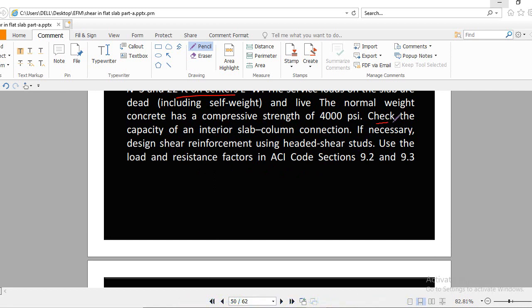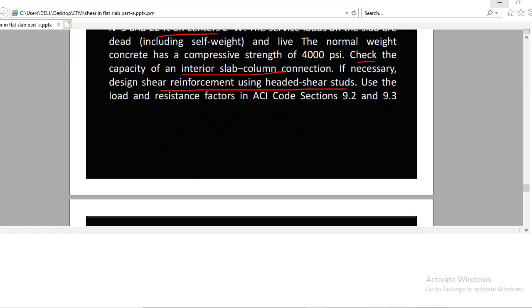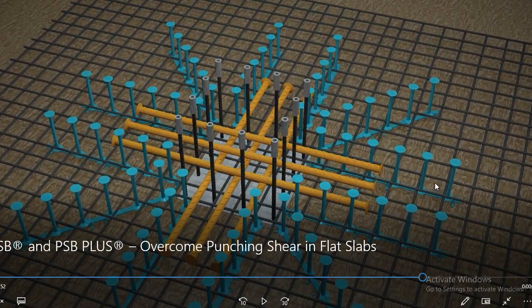You have to check the capacity of the interior slab-column connection if necessary, and design shear reinforcement using headed shear studs, as you see in this video, this kind of shear studs.